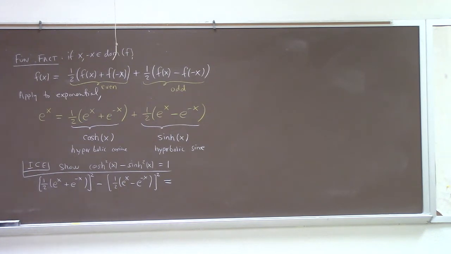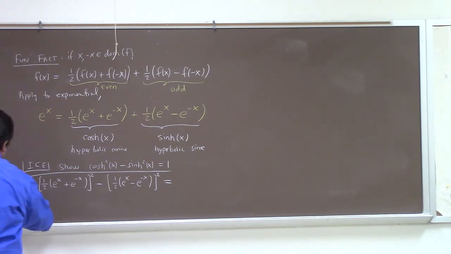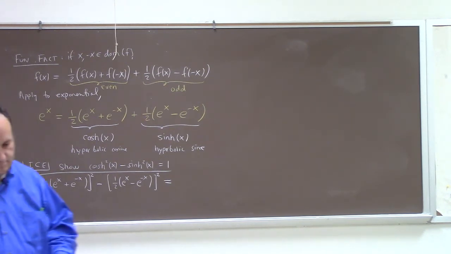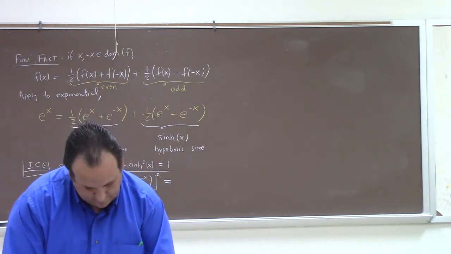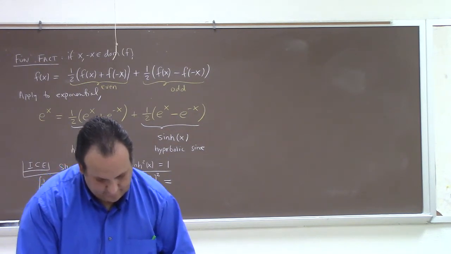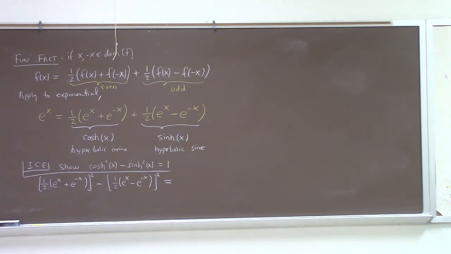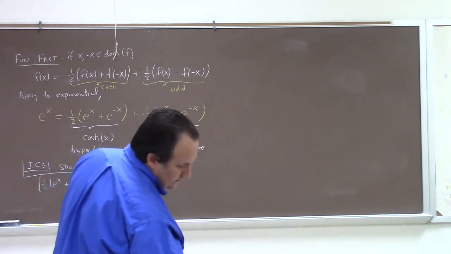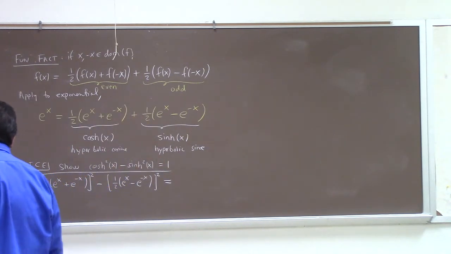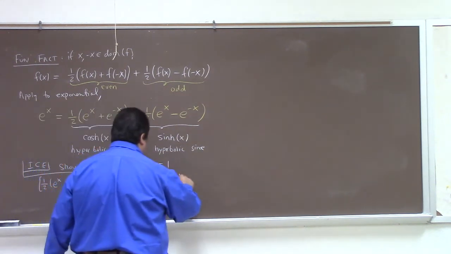I'm hoping that all simplifies to 1, right? Let's see here. So you get a quarter for both of them, because a half squared is a quarter. So I'll pull the fourth out.